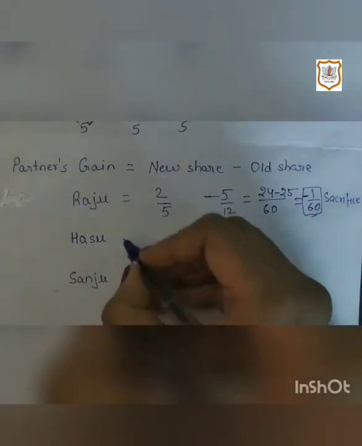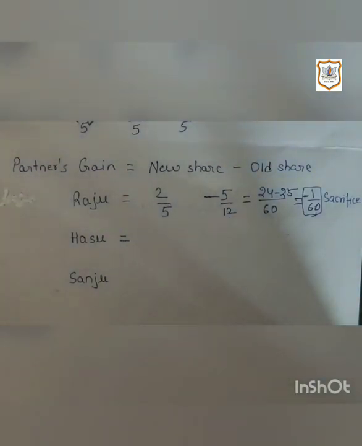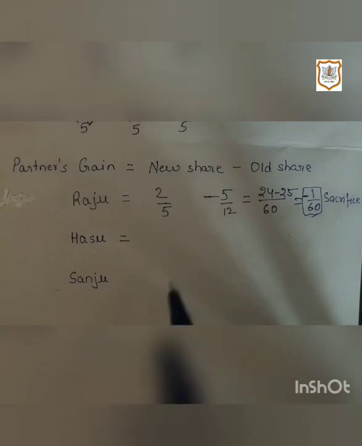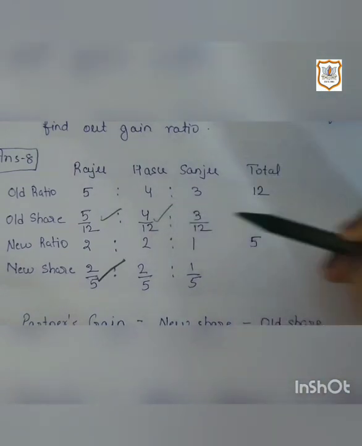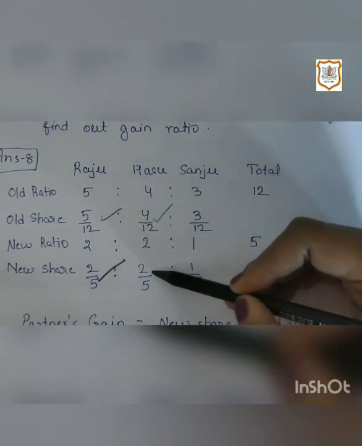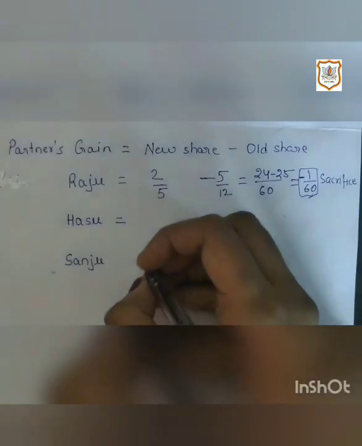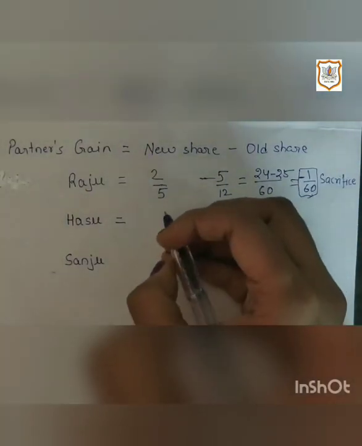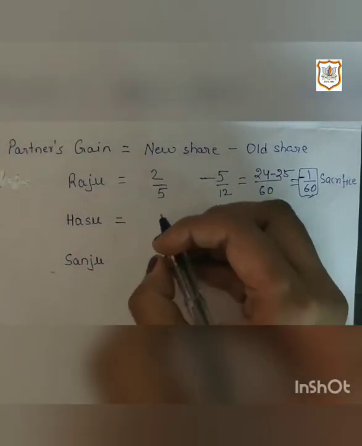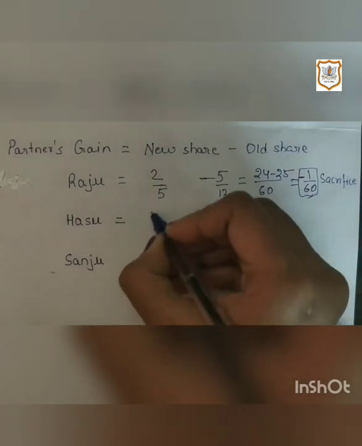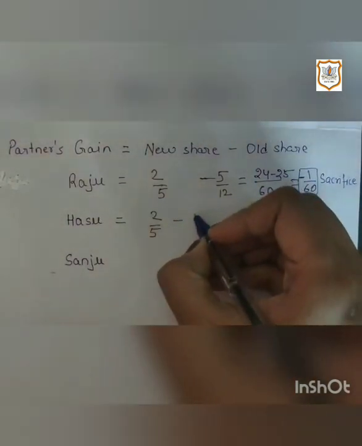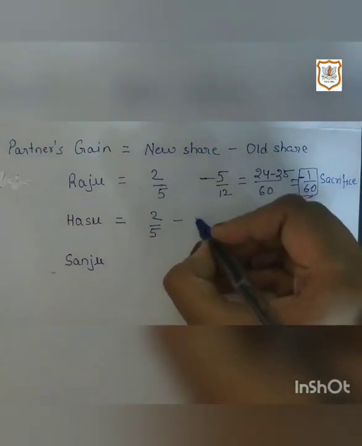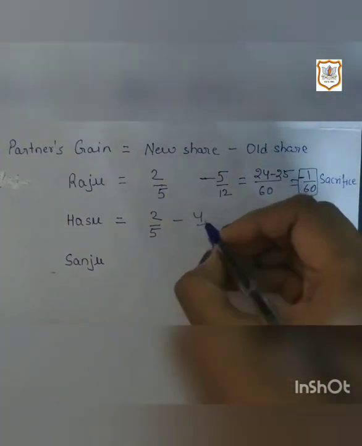Now let's calculate it for Hasu. Here also we need to know his new share as well as old share. Here Hasu's old share is 4 by 12 and new share is 2 by 5. So let's write it here and check whether he is gaining or sacrificing. So his new share is 2 by 5 and old share is 4 by 12.